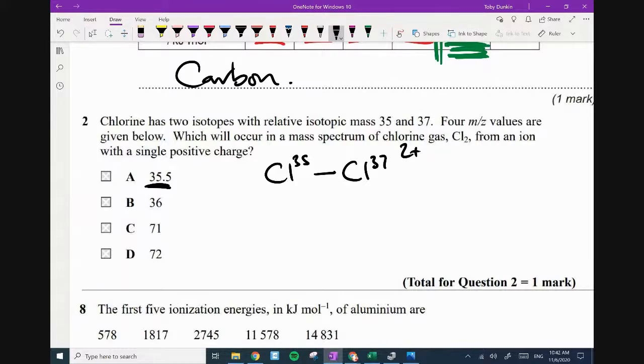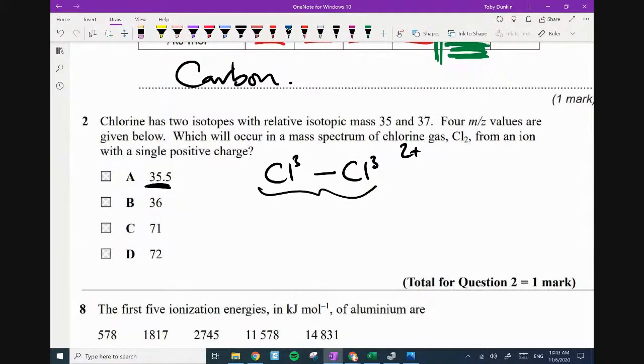So 35 plus 37 divided by M, remember M over Z, the total mass of this molecule is 72, and the charge is plus 2. So 72 divided by 2, I get 36. That's wrong, so that is not going to give me that. If I do 37 and 37, that gives me 74 divided by 2, 37. No, that doesn't work at all.